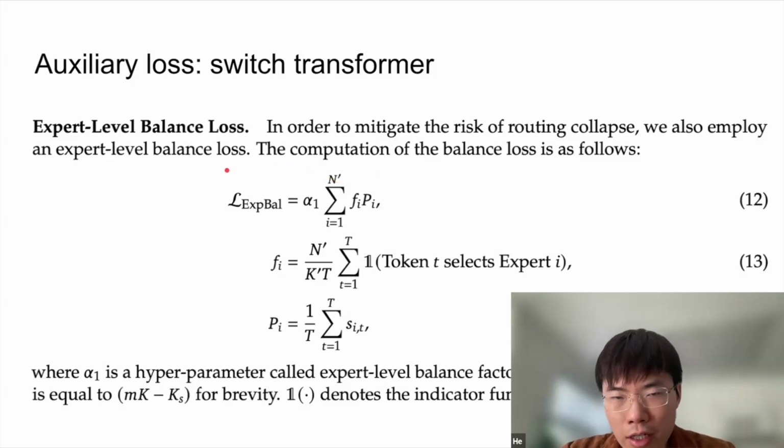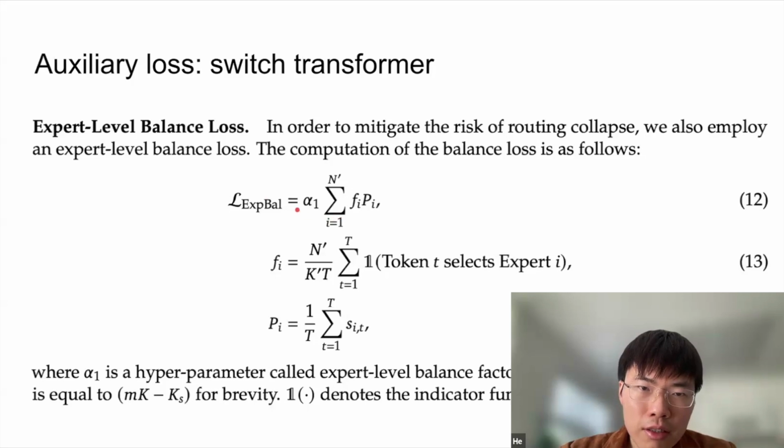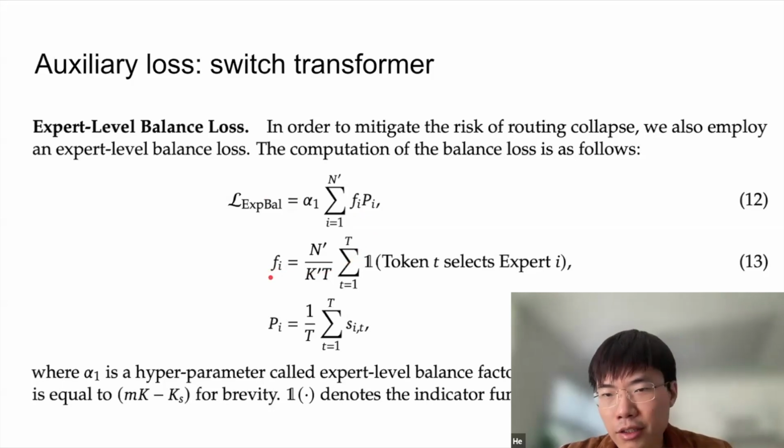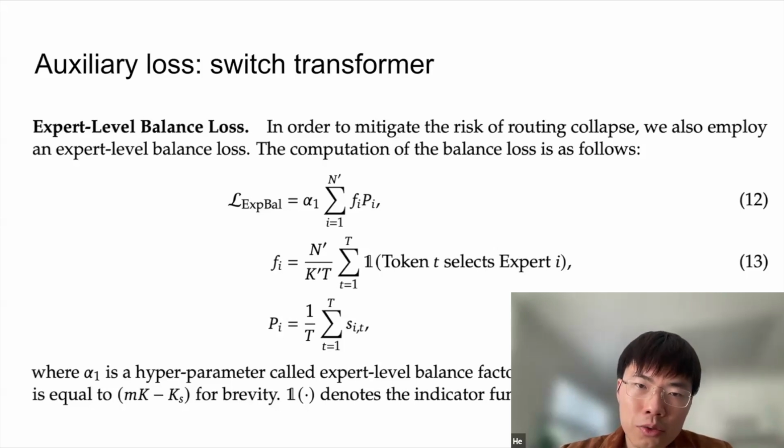This is an auxiliary loss that can facilitate balancing the tokens across experts during training. This is basically a weighted sum loss. Alpha is the factor to balance this with the large language modeling loss. And the F and P here: F counts the number of tokens assigned to this expert, and P is a softmax probability. So multiplying these two together and minimizing it, the network would learn to balance the tokens across experts over time.